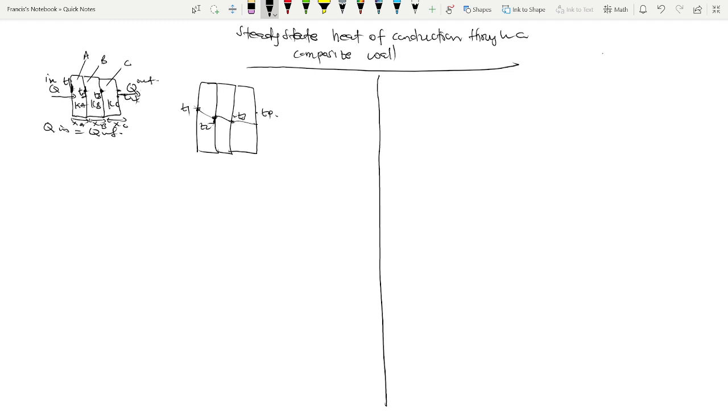Now when you are taking each layer, each wall is standing on its own, because the heat transfer is by conduction.